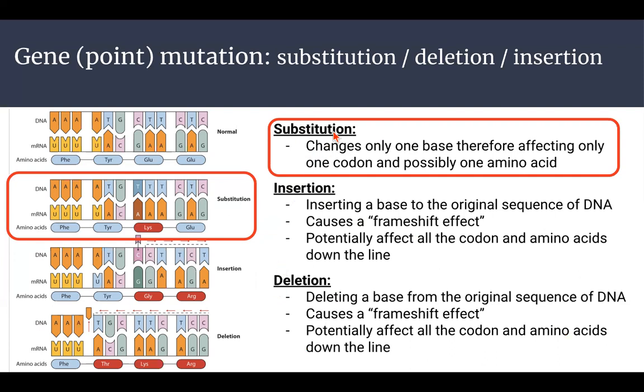So substitution is when you are substituting one base. If we look at this diagram right here, this is the normal DNA, and this is the normal mRNA produced from that normal DNA, and this is the resulting amino acids.